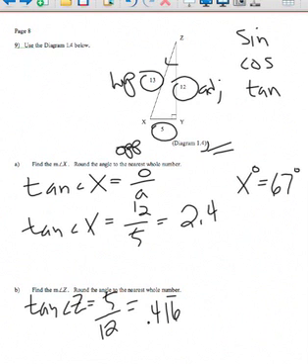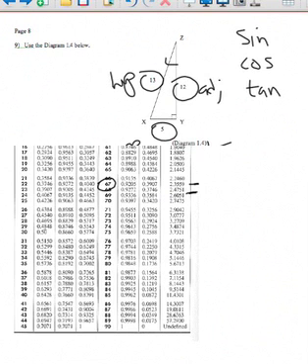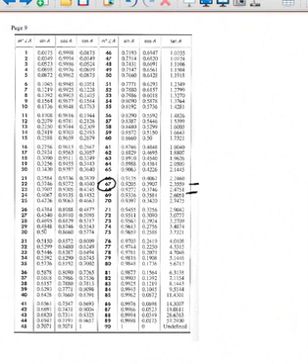Which reduces to 0.416 repeating. So if we look at our chart here, in our tangent column, we would look for 0.416 repeating. So it's between these two. So it's either 22 or 23.